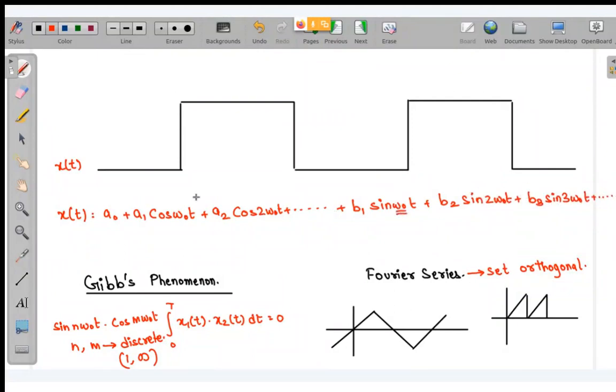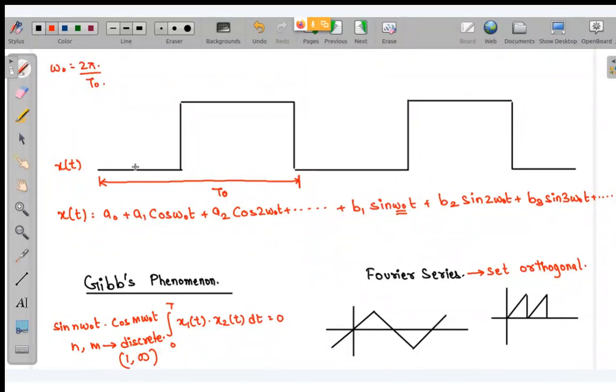Now what is omega naught? Omega naught is the fundamental frequency of this signal. If this is your fundamental time period T naught, then omega naught is equal to 2 pi by T naught.